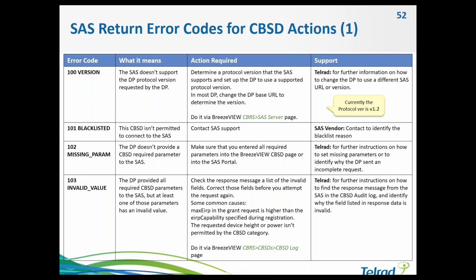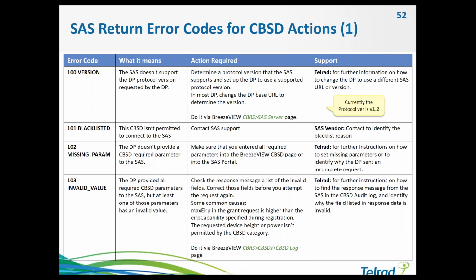101 is related to the blacklist. So you need to contact the SAS to ask why it is in the blacklist. The code 102 is missing parameters. Some parameters in the configuration, maybe in the installation parameters, are missing.